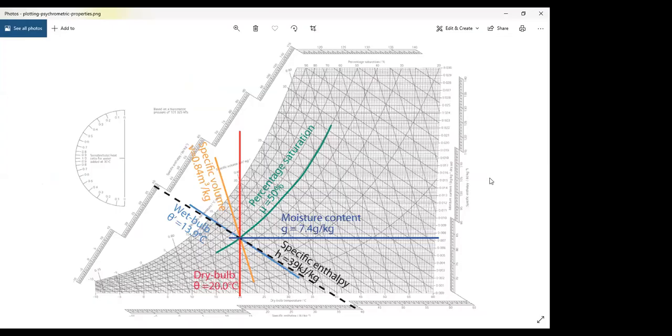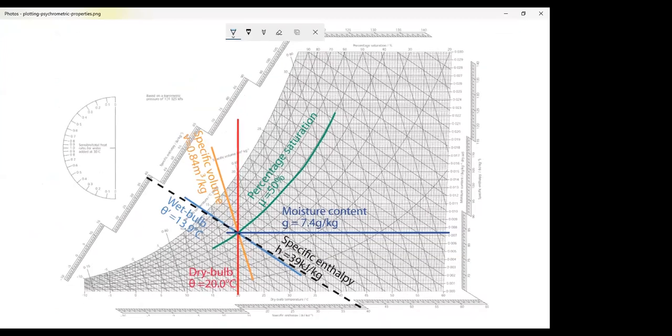Now you see another chart. Complicated chart, this huge, yes? Yes. This is the reason to start with the simple one, step by step. Horizontal is the same: moisture content or humidity ratio or specific humidity, all the same. Vertical is dry bulb temperature.